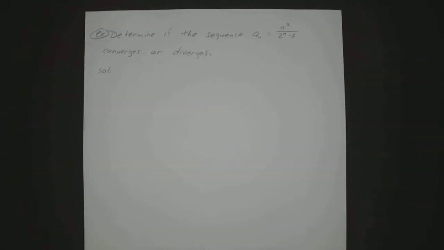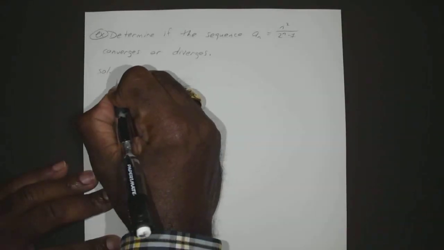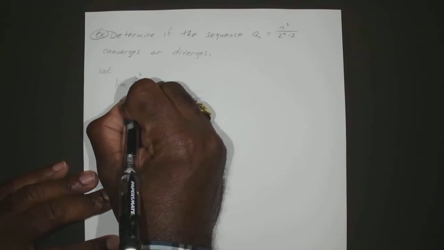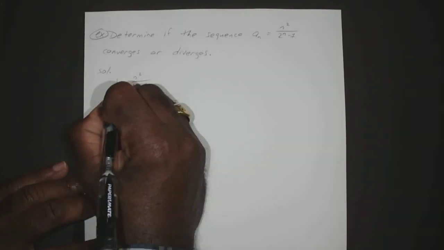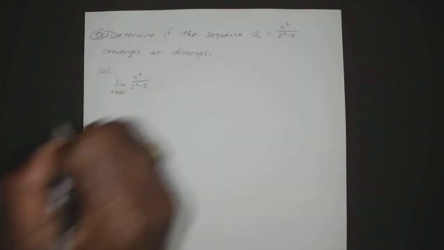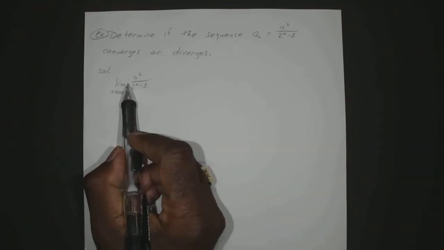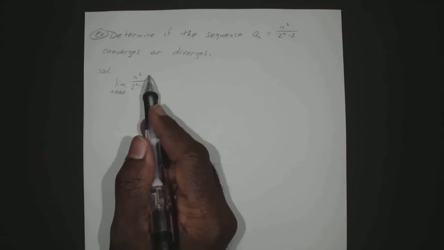Okay, so whenever they want to know convergence, you pretty much just want to look at the limit as n approaches infinity. So the limit of n squared over 2 to the n minus 1 as n approaches infinity. If you plug in infinity squared, you just get infinity.